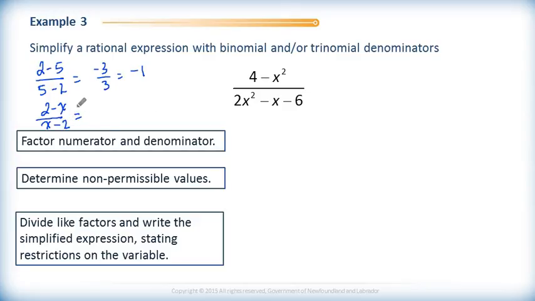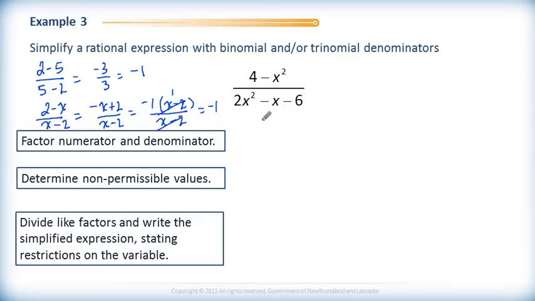Let's see how that works. We take out a common factor of negative 1 from the top. So I'll reverse the order of those terms first. Take out negative 1 outside of (x minus 2) now, over (x minus 2). These factors can cancel or divide to give 1. I have negative 1 times 1, which is negative 1. So let's bear that in mind as we do this example.